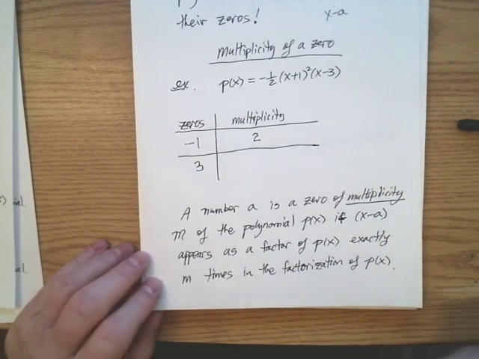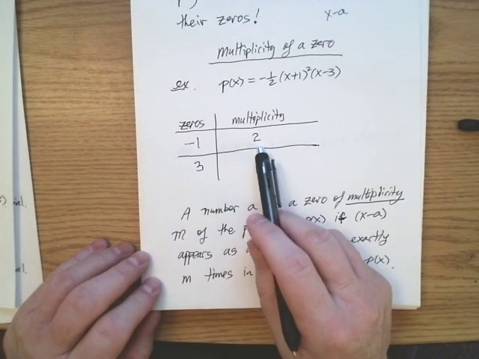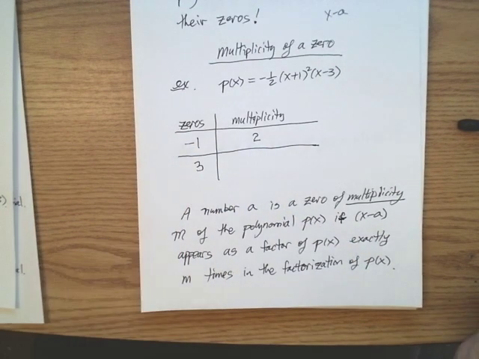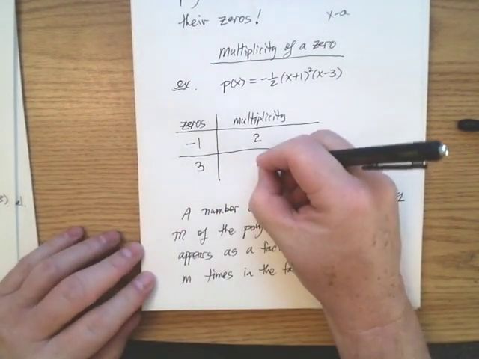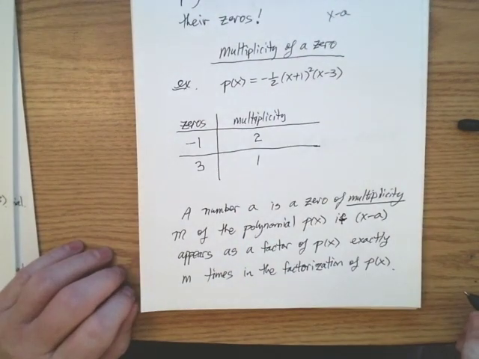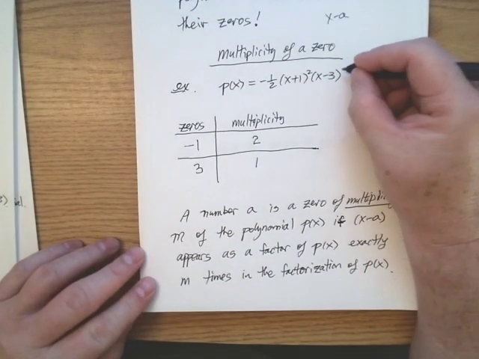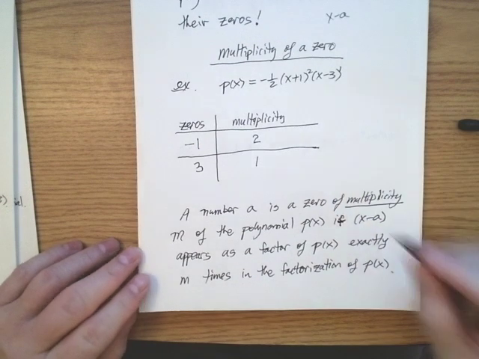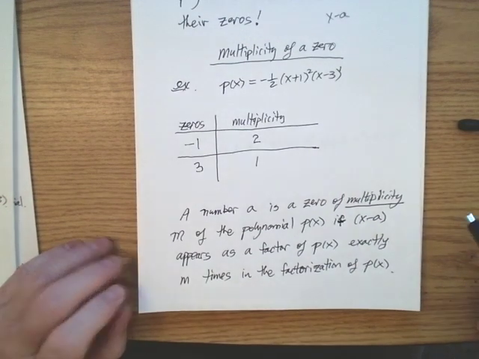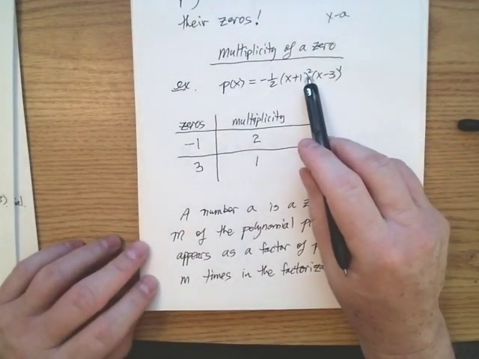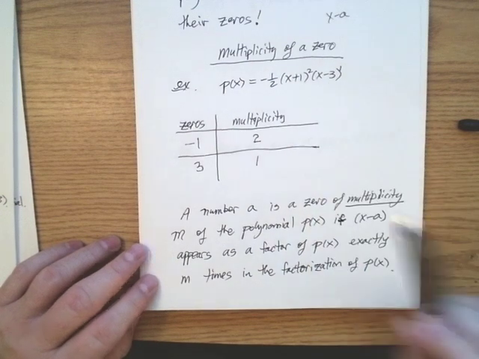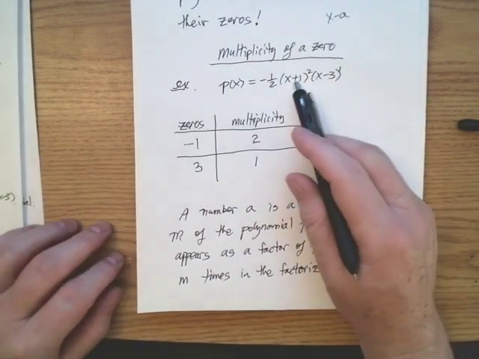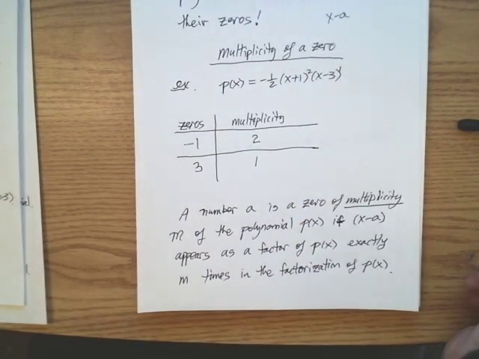Negative 1 occurs as a 0 with multiplicity 2. There are different ways of saying this. How about 3? That only occurred one time. You could see that implicitly up here, as a first power. So you can see in the factorization how to obtain the multiplicities of the 0 by looking at the exponents on the factors.